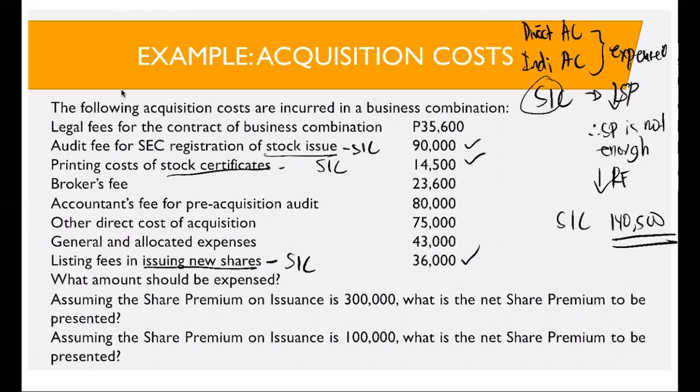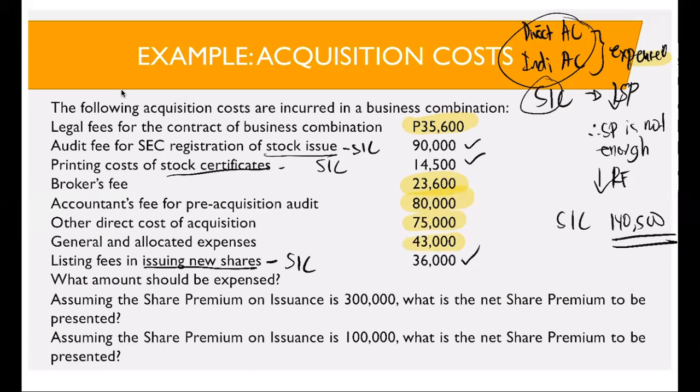And how about the other items? They are already considered as direct or indirect acquisition costs. So legal fees for contract of business combination, this is part of your expenses. So here, 35,600. Broker's fee, 23,600. Accountant's fee for pre-acquisition audit, 80,000. Other direct costs, 75,000. General and allocated expenses, 43,000.